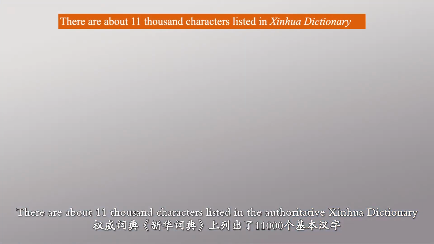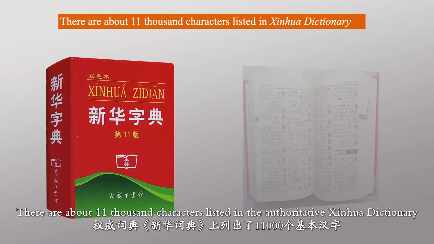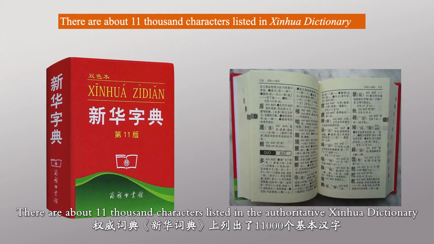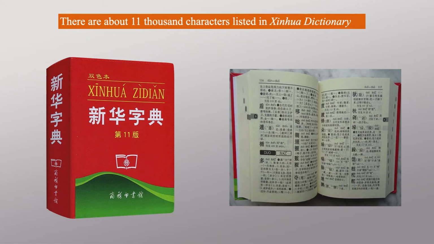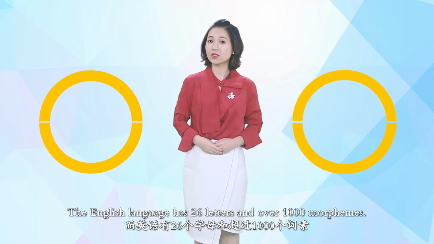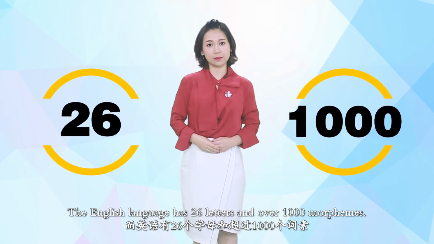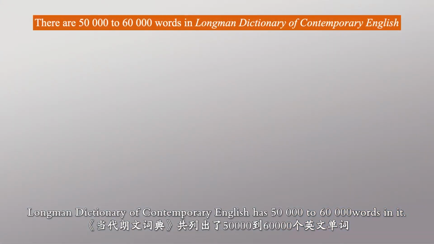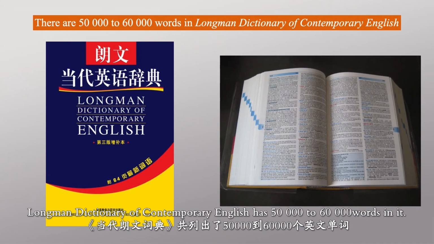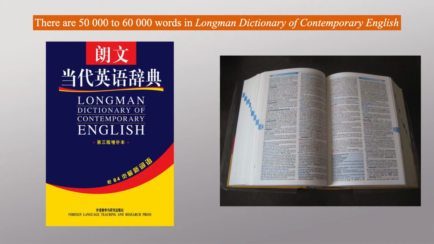There are about 11,000 characters listed in the authoritative Xinhua Dictionary. The English language has 26 letters and over 1,000 morphemes. Longman Dictionary of Contemporary English has 50,000 to 60,000 words in it.